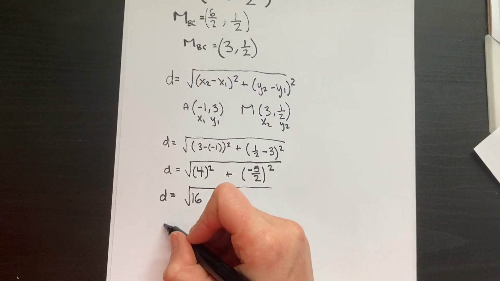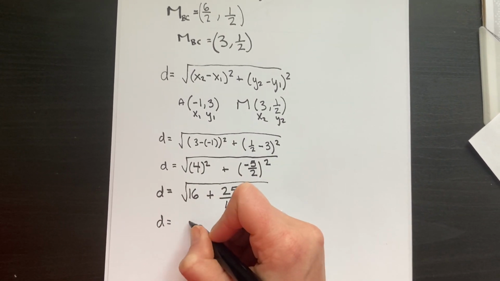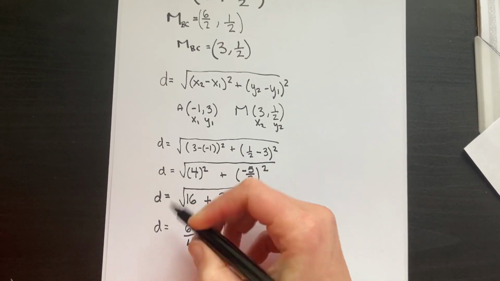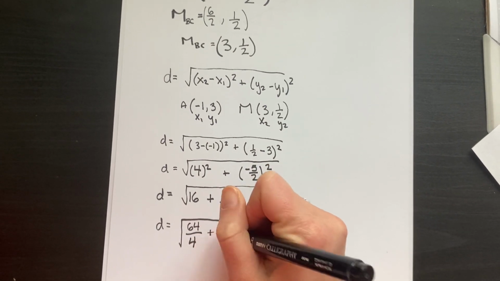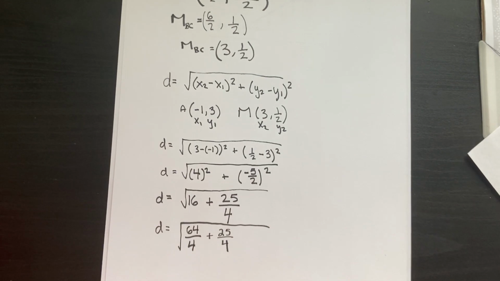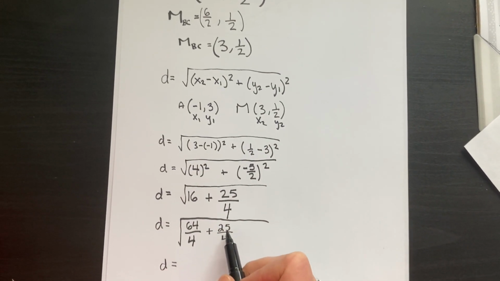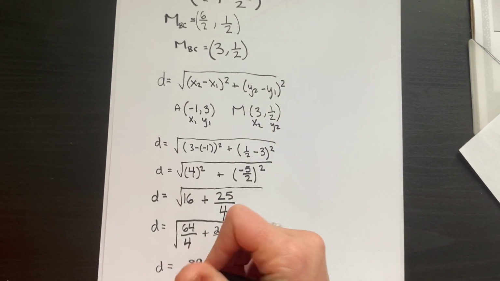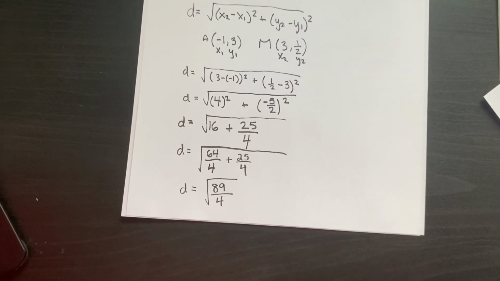Okay, so to add these together, we're going to have to get the common denominator. 16 times 4, we can turn 16 into 64/4. Those are equivalent fractions. Plus 25/4. This then gives us 64 plus 25 is 89, so 89/4, and we're square rooting that. Since that's an irrational number, we can leave it like that.